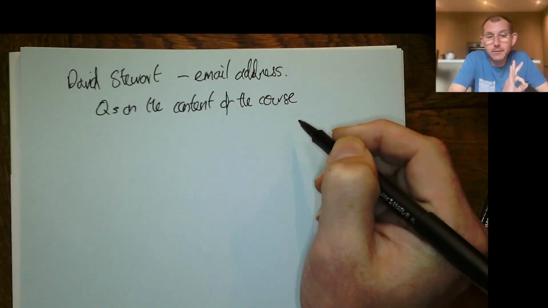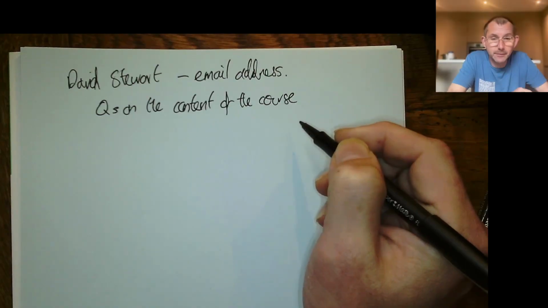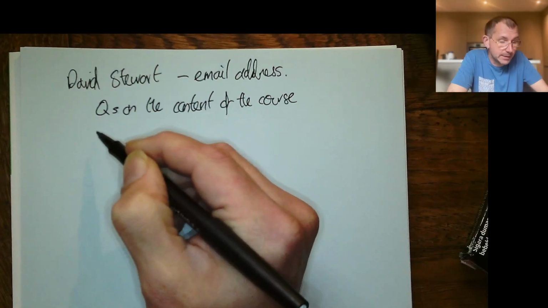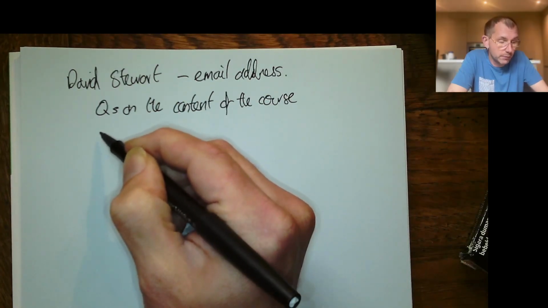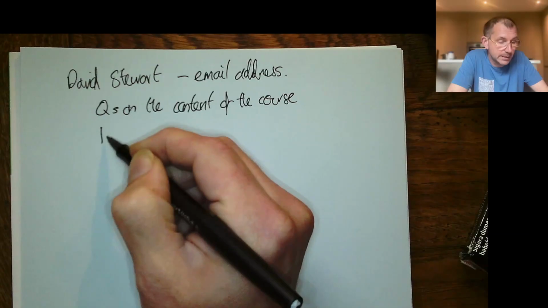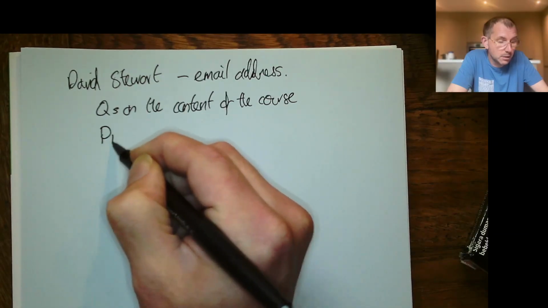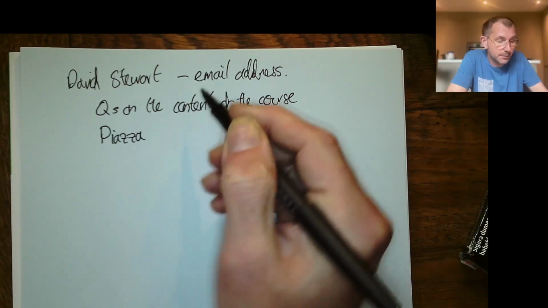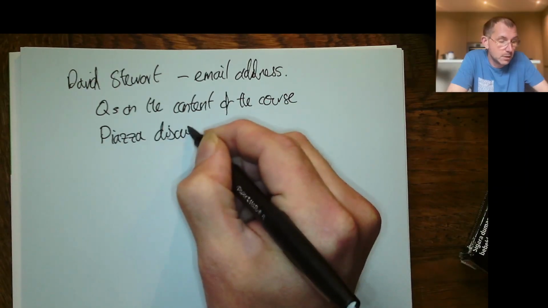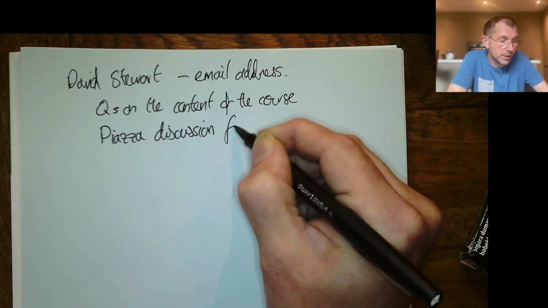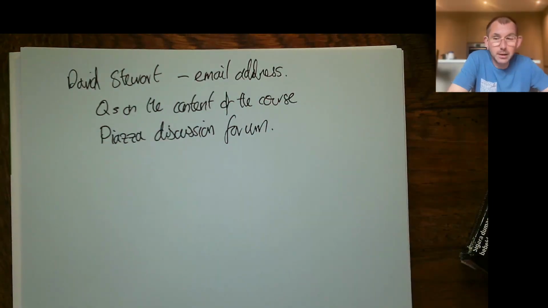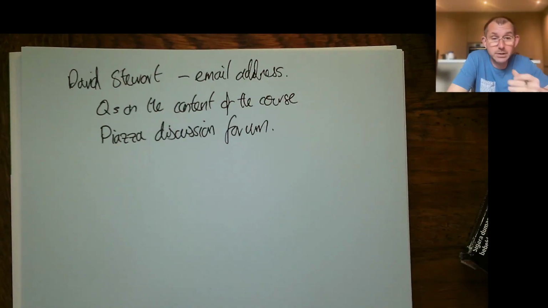Then chances are, if you've got that question, loads of other people have got it, and this course is so big that it would be very difficult to answer all of them individually, but we can use the Piazza discussion forum. And you can ask things on there anonymously. People will reply to your questions and sort out your problems there. And you can answer each other's questions, which is nice.